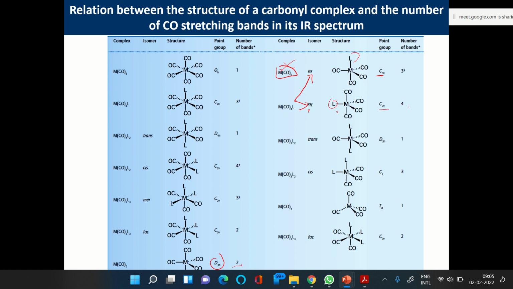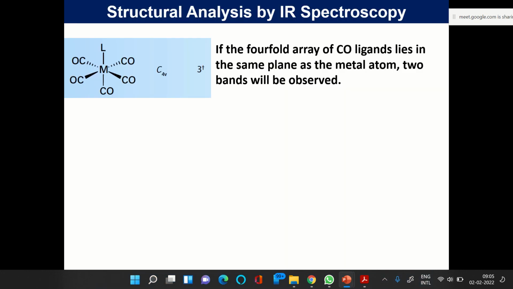So there are some cases among these 3, and there are a few things that we have to mention. In this particular case, what we are seeing is C4V.